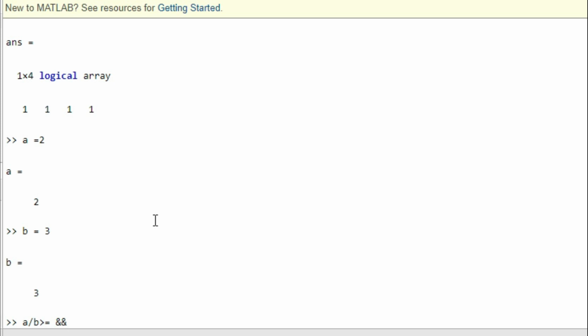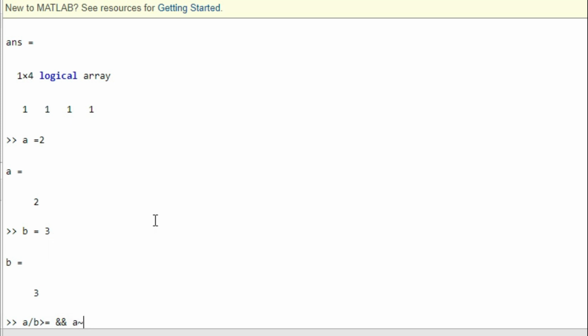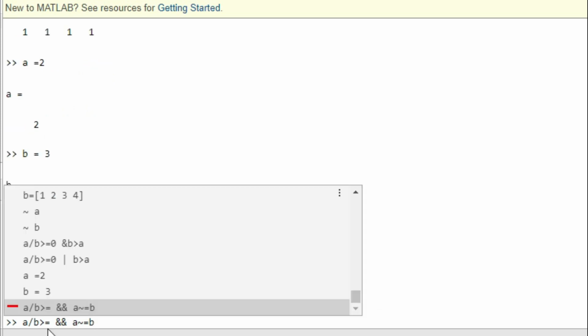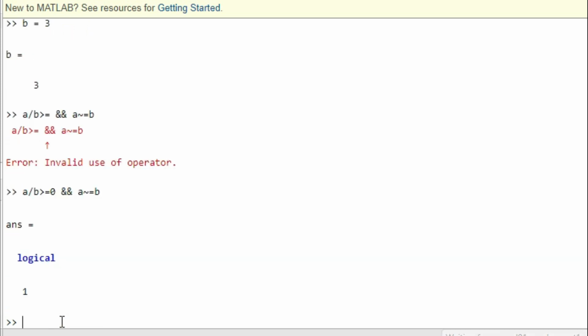For short circuiting we use double ampersand, and A tilde equal B means A is not equal to B. I forgot to give 0. So it gives 1, both conditions are true. Short circuiting operators are used for saving memory and time. It works smart and saves our time.